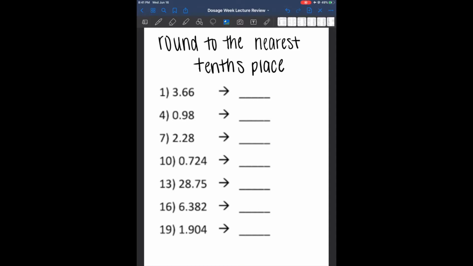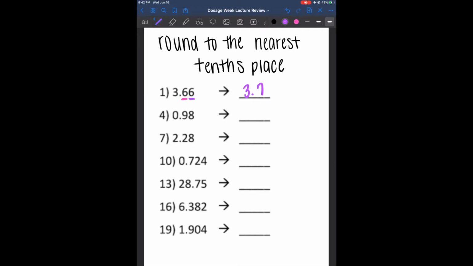We're rounding to the tenth. So remember, we're wanting to round to this number, which means we want to base our rounding on this second number. So 3.66. Our 6 is 5 or greater, so we want to add 1 to that tenths spot.